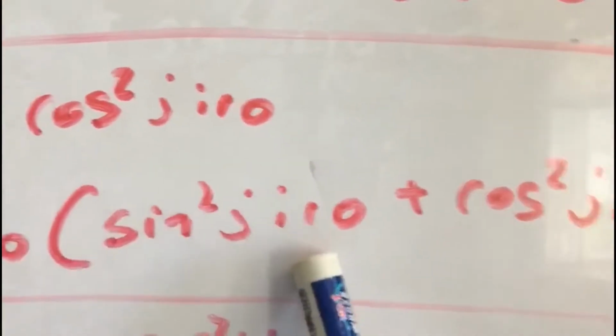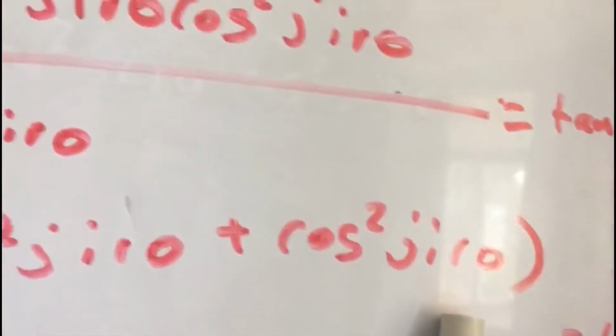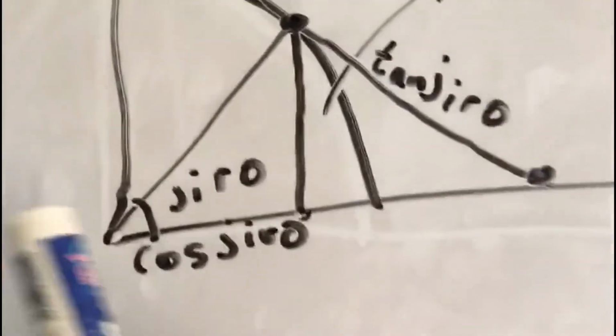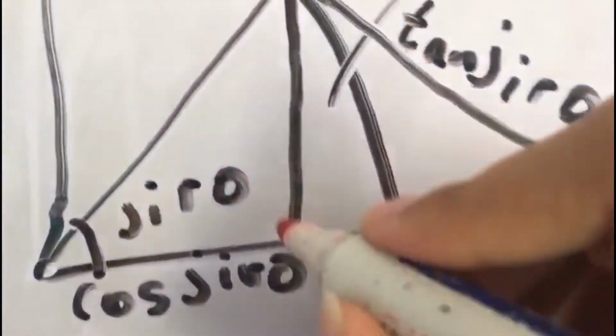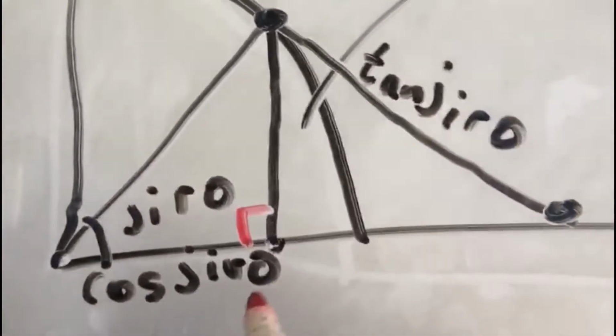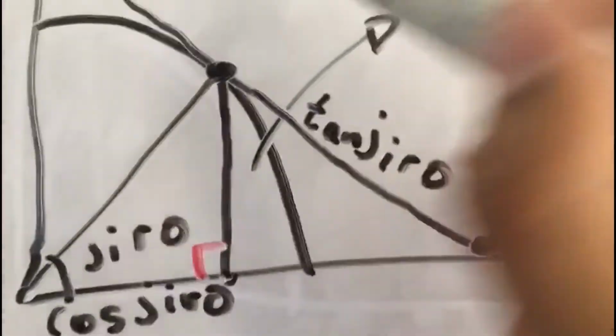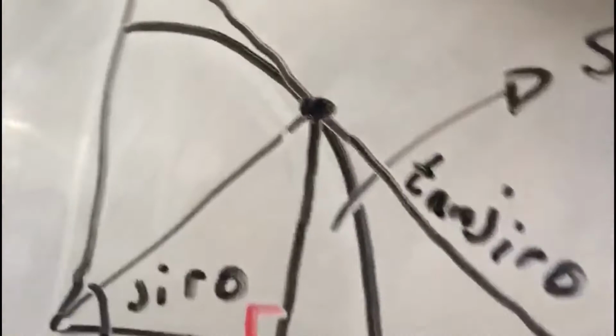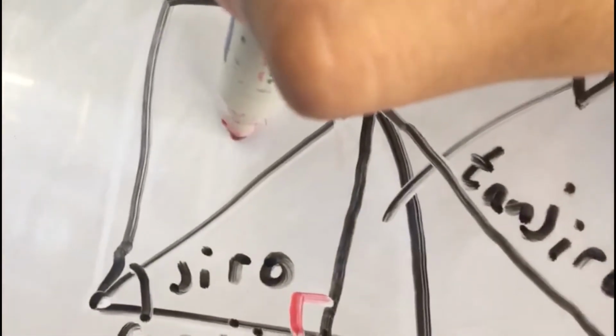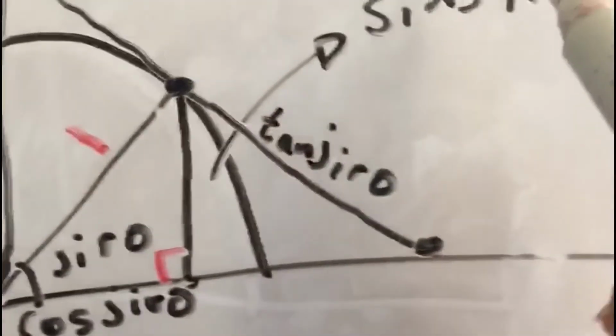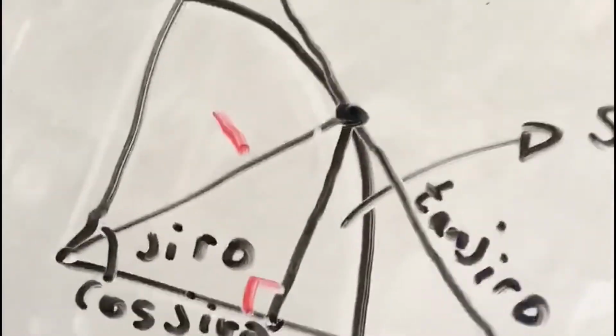Now, I don't know if you can see over here, but sin squared Jiro plus cos squared Jiro is just this triangle over here, where this is 90 degrees, and this is cos Jiro, and this is sin Jiro. And I'm assuming over here that the radius is 1, so technically cos squared Jiro plus sin squared Jiro equals 1. Well, technically it's 1 squared, but 1 squared is literally the same thing as 1.